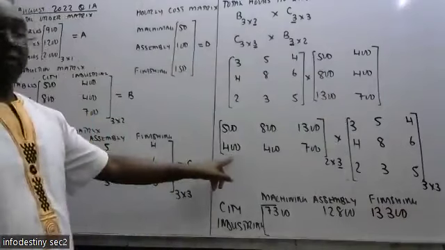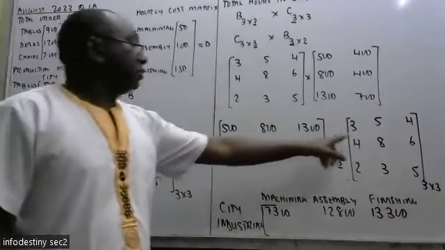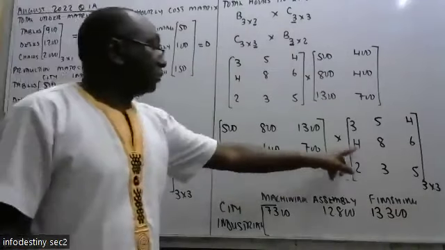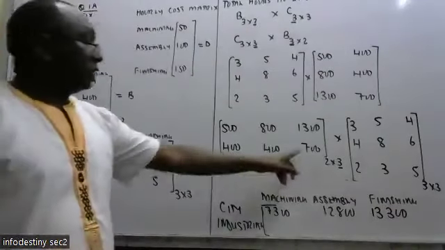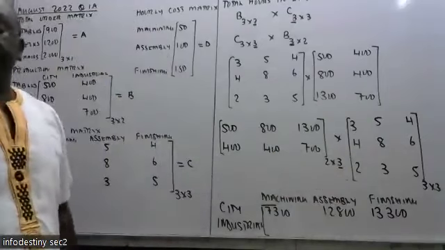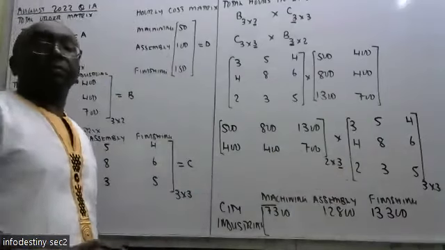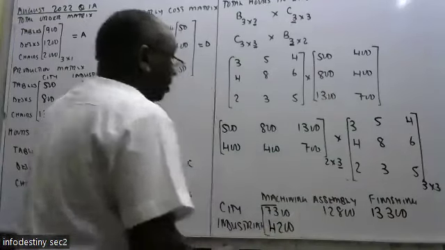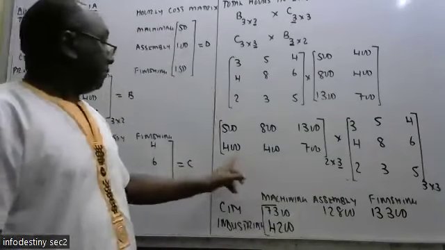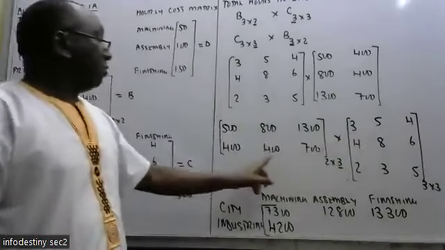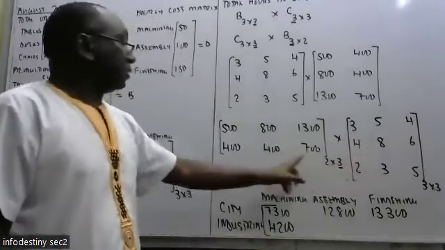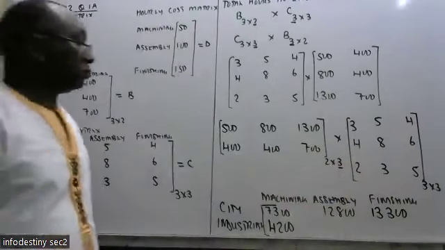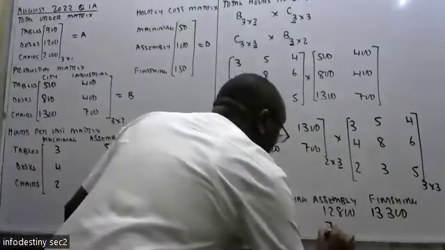Kuja kwa huyu 400 times 3 plus 400 times 4 plus 700 times 2. 4,200. Haya, tukimbia hapa 400 times 5 plus 400 times 8 plus 700 times 3. 7,300.